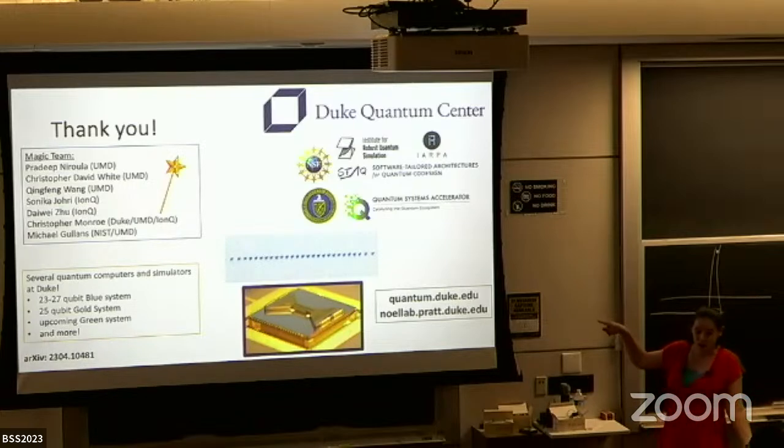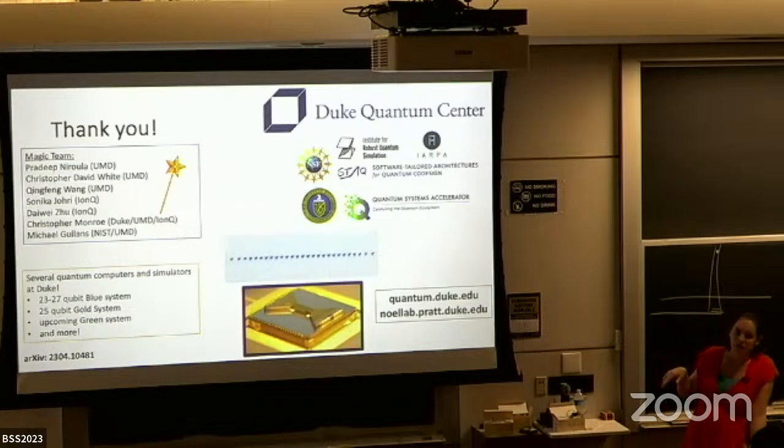But like I mentioned, we only went up to 24 in this case, and we had relatively low magic in most of these circuits. There's a reason people like simulating Cliffords, right? It's easy. When you start doing these Haar randoms, essentially, it's more expensive. So please do it. Yeah. Great.